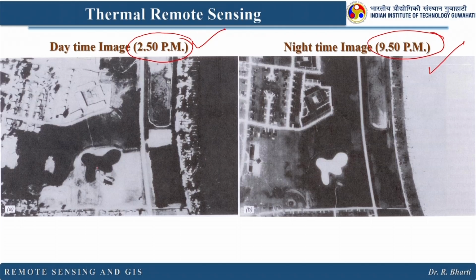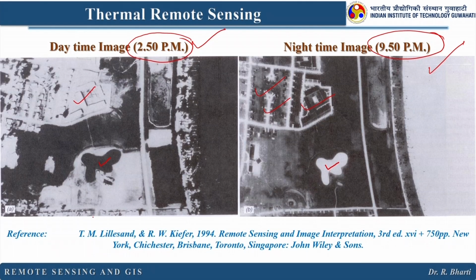Here you can see this is some kind of water body and it has contrast. All the other material like buildings are also very clearly evident, having temperature difference during the diurnal cycle, right. This was taken from this particular book.